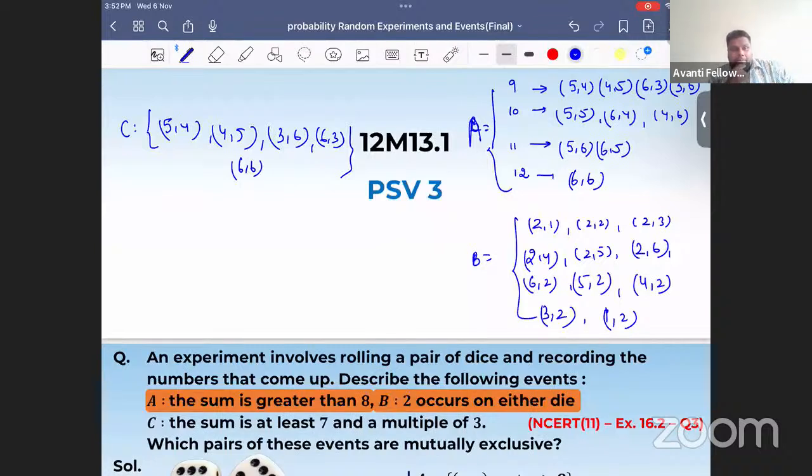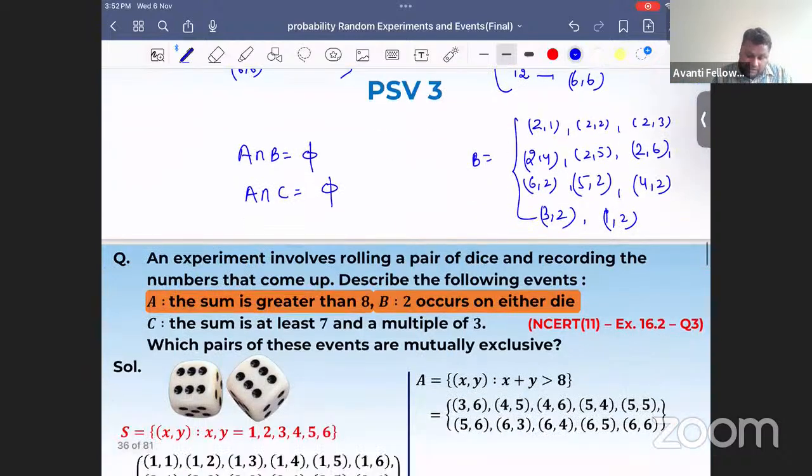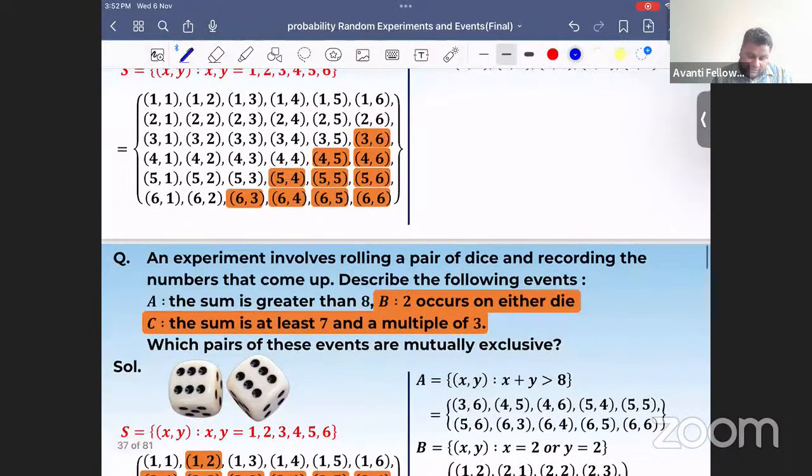Now, which pair of these events are mutually exclusive? Mutually exclusive means their intersection should be empty. Definitely A and C have so many elements common. Now, if I talk about A and B, their intersection is empty. Similarly, B and C intersection is also empty. So A and B are mutually exclusive and B and C are mutually exclusive.